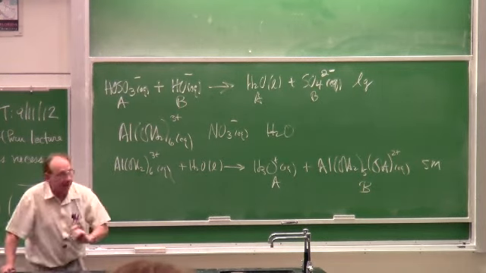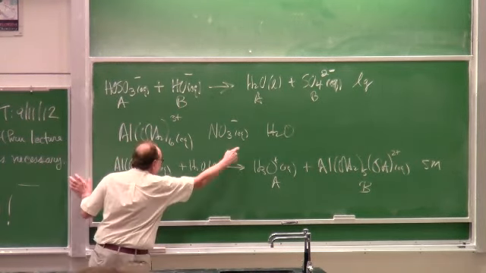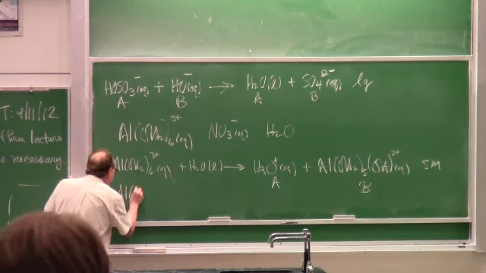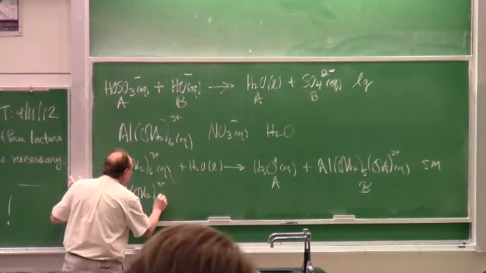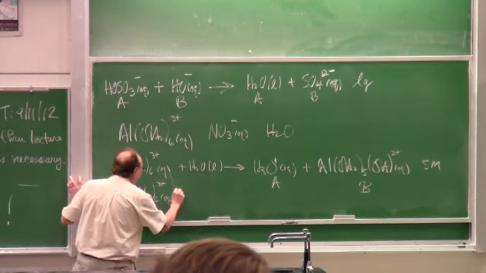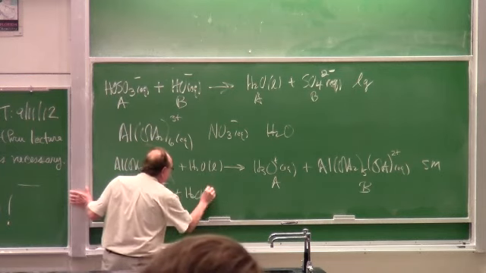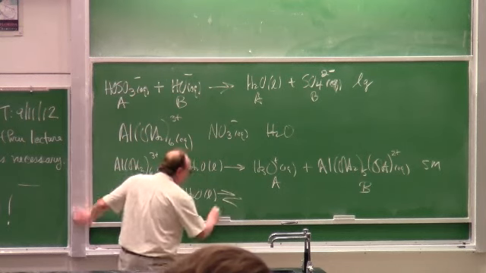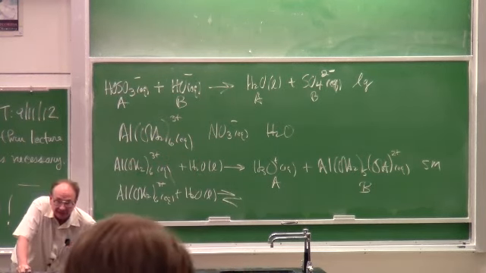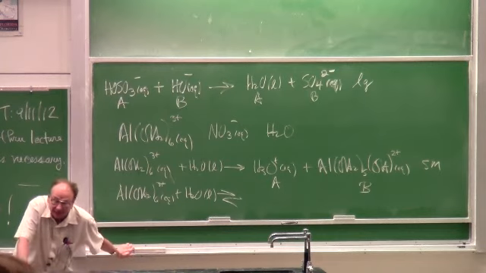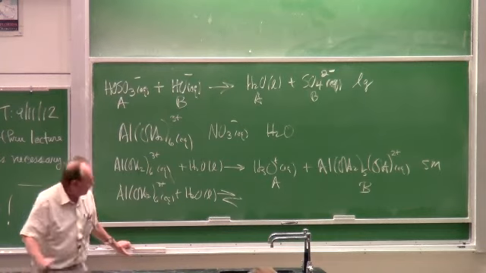The subtle point here is, in this system, as with any system of a weak acid or a weak base, equilibrium exists. Do you remember that? Always equilibrium in any system of a weak acid, weak base.